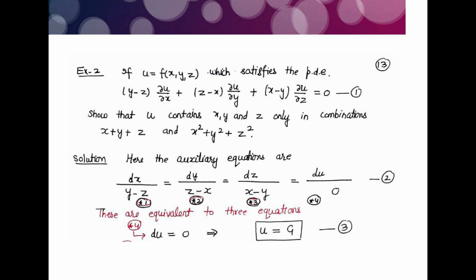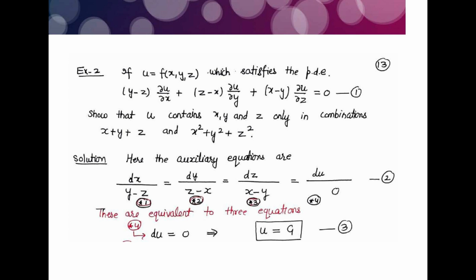Consider example number 2. Here I am taking u as a function of three independent variables x, y and z, and it satisfies the partial differential equation given by 1. We have three derivatives here: partial derivative of u with respect to x, with respect to y, with respect to z. Here right hand side is 0.